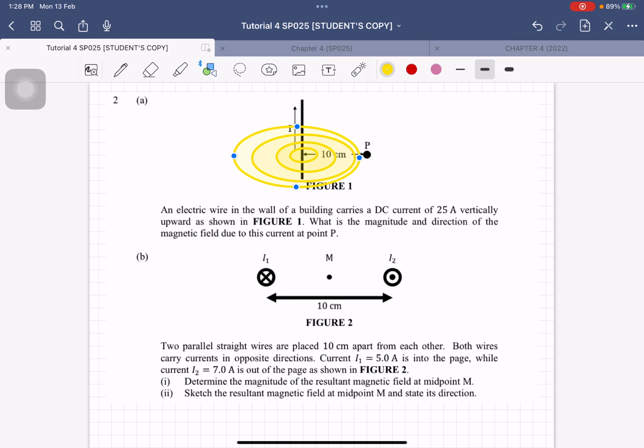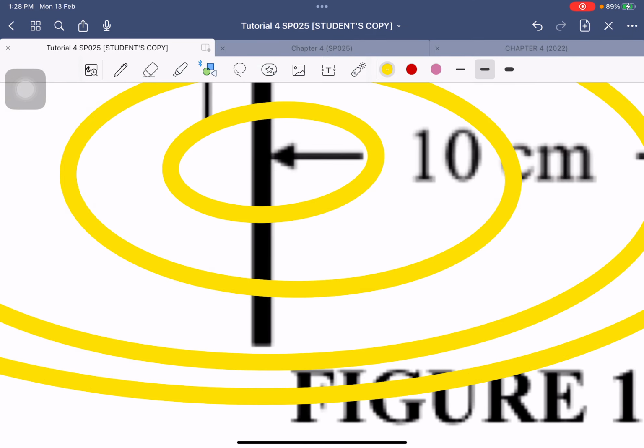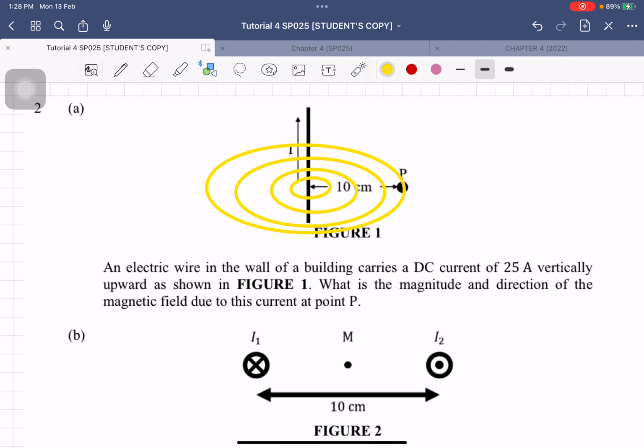Okay, this is our magnetic field lines. So the direction is gonna be anti-clockwise.